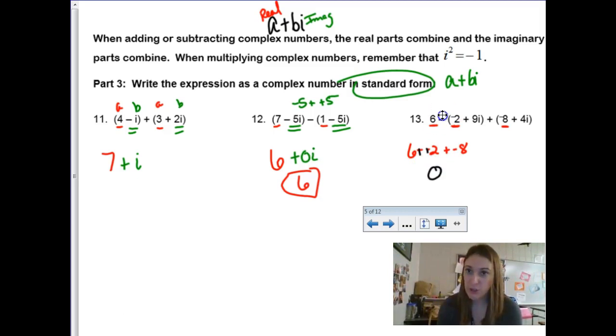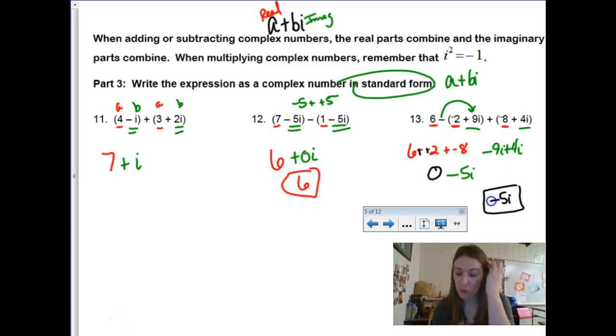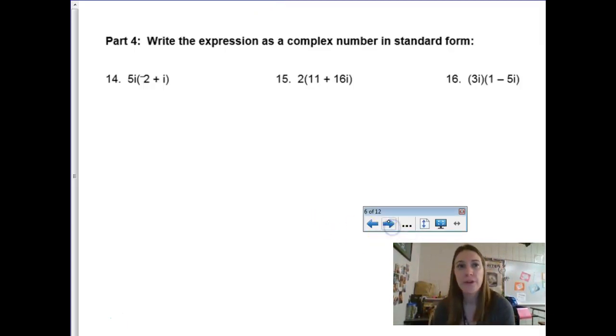And then be careful here, this subtraction is going to go right there as well. So this becomes a minus 9i plus a 4i. So minus 9i plus 4i is a minus 5i. So instead of saying 0 minus 5i, a lot of people will just write the answer as negative 5i. That would mean the same thing. There's no real part to that complex number.